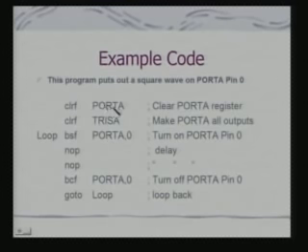Typically each port has a register associated with it, and you clear the content of the register, because if you want to write something onto the port, you would ideally like the content to be first cleared.